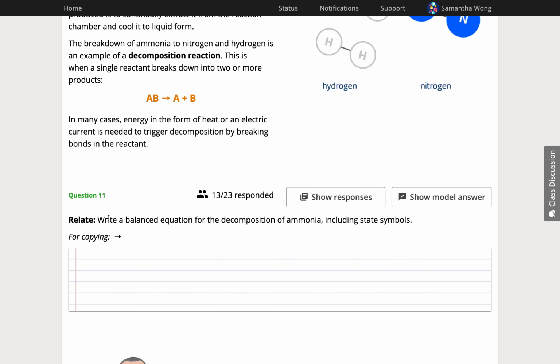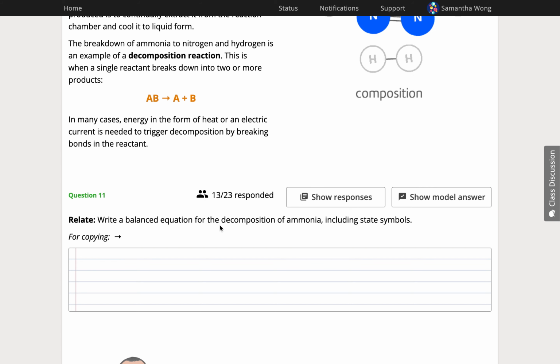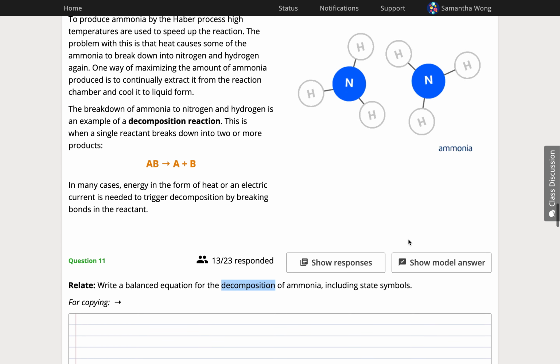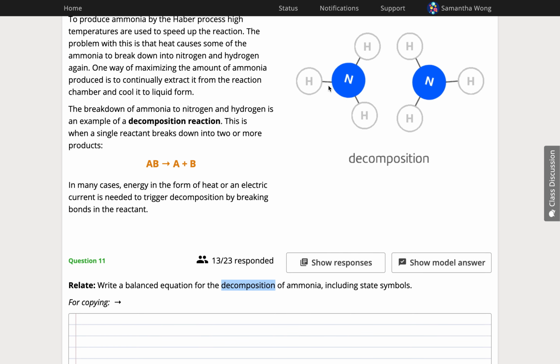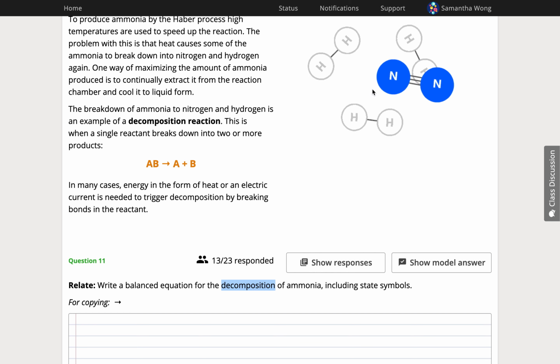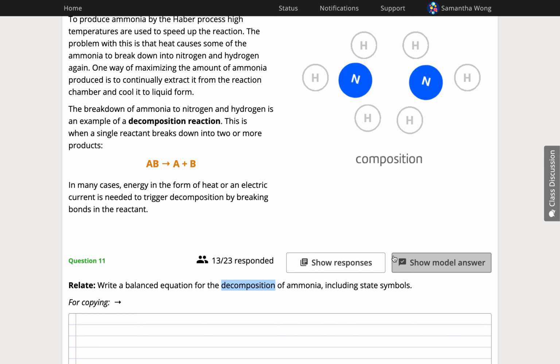Question 11 asks us to write a balanced equation for the decomposition of ammonia, including state symbols. So, if we look at this animation up here, we can see there are two lots of NH3.